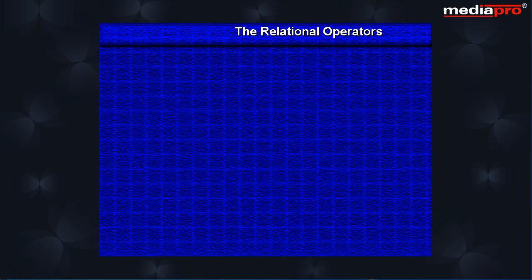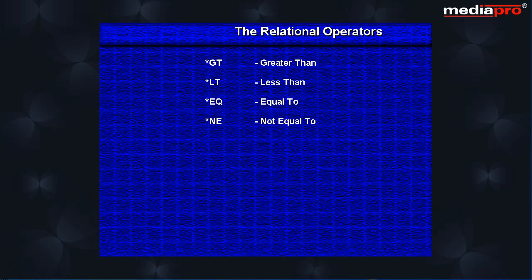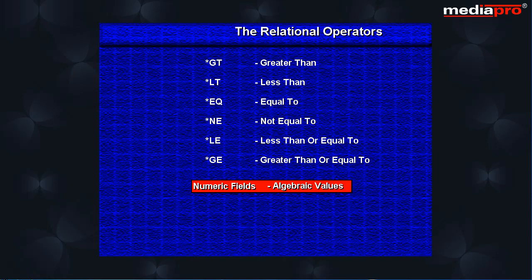Let us move on to the relational operators. We have 6 relational operators: greater than, less than, equal to, not equal to, less than or equal to, greater than or equal to. When two numeric items are compared, the system does a comparison based on algebraic values.